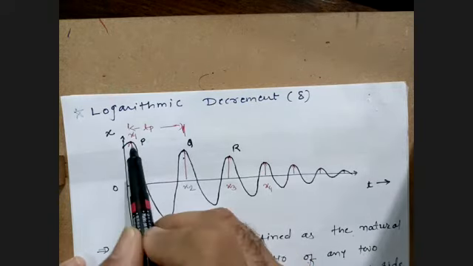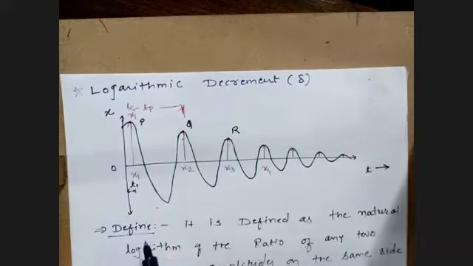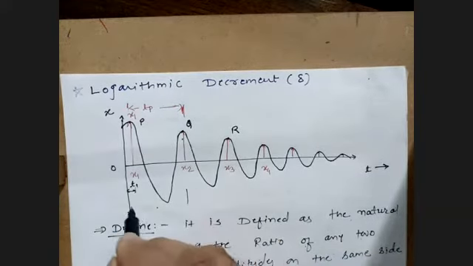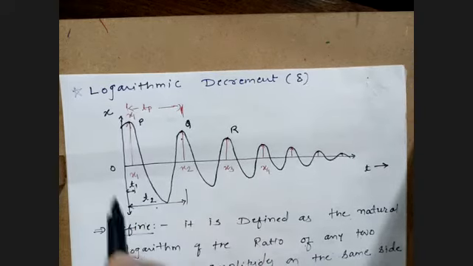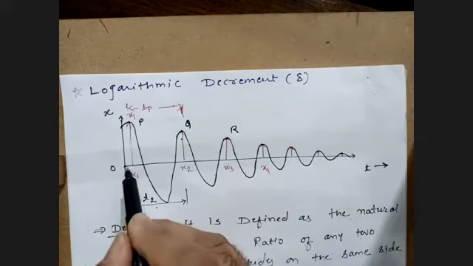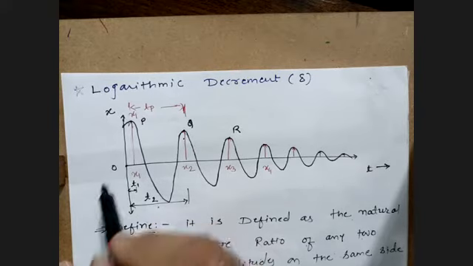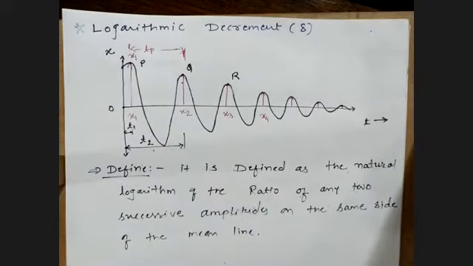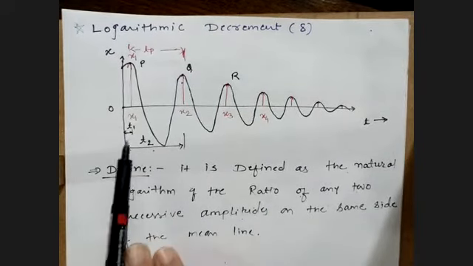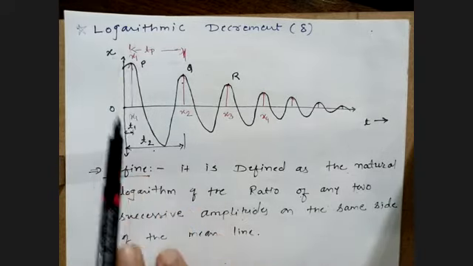So what is this time period? This distance is time T1, and from here to here is time T2, right? We start from here at 0 time. After a fraction of a second, like 0.01 second, 0.02, not just 2 or 3 or 5 seconds, the amplitude is somewhere here, let's say x1, and the time is t1.